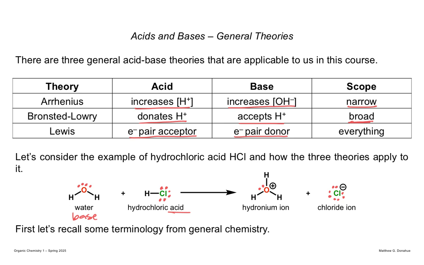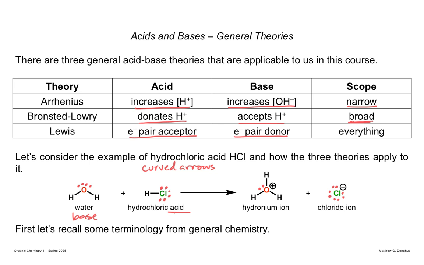And the way we show electron movement is through curved arrows. So this is going to be a different type of arrow than this reaction arrow. And the learning tool is basically, it shows the trajectory of how the electrons move.